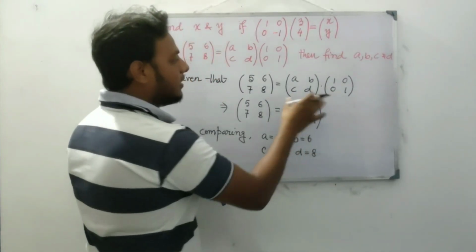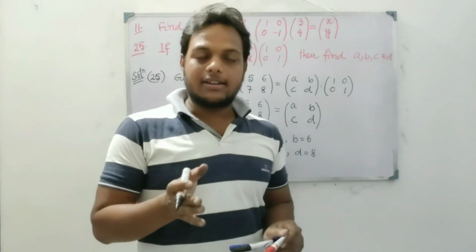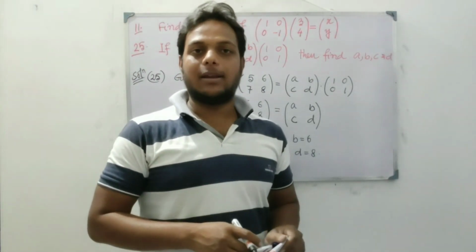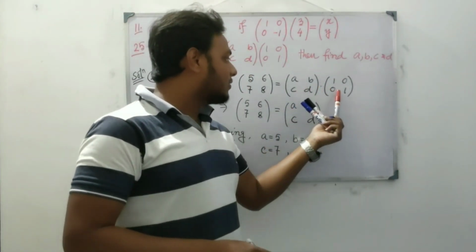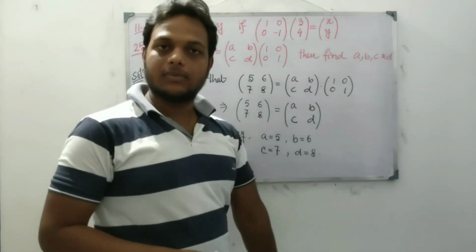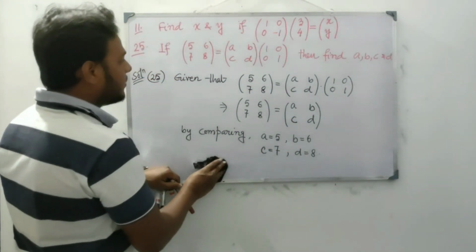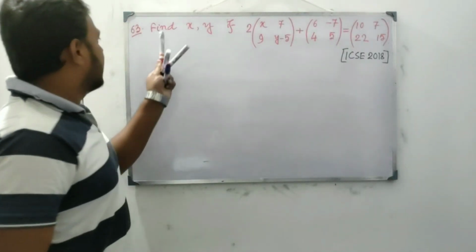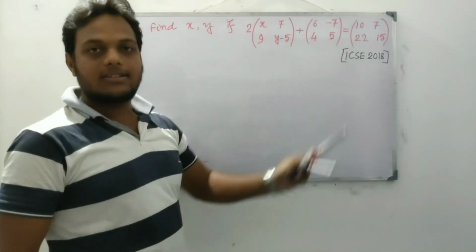Actually this is the property that if we multiply any matrix with the identity matrix, then we will get back that matrix. See here, this is a matrix and this is the identity matrix. So if you multiply these two, then we will get back this matrix. This completes the solution.